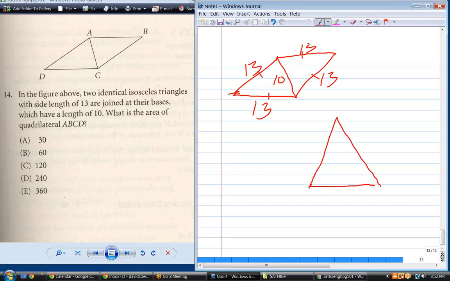which actually is fairly easy to do. We know it's isosceles, so if I drop a vertical, this is a 5, what's the height of this triangle? I don't know.